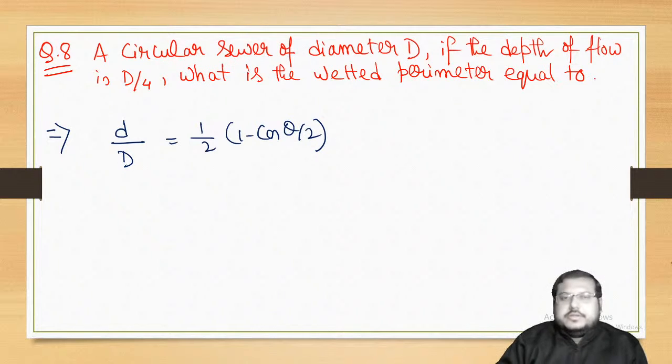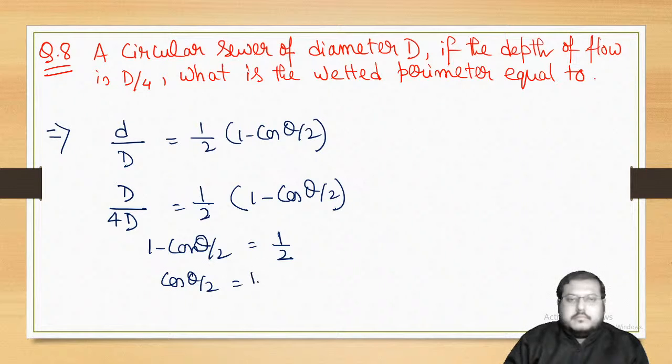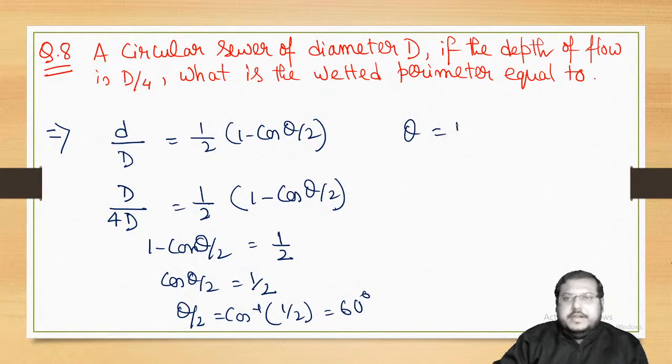One by 2, 1 minus cos theta by 2, that is the proportional depth. So theta by 2 is cos inverse. So theta is 120 degree.